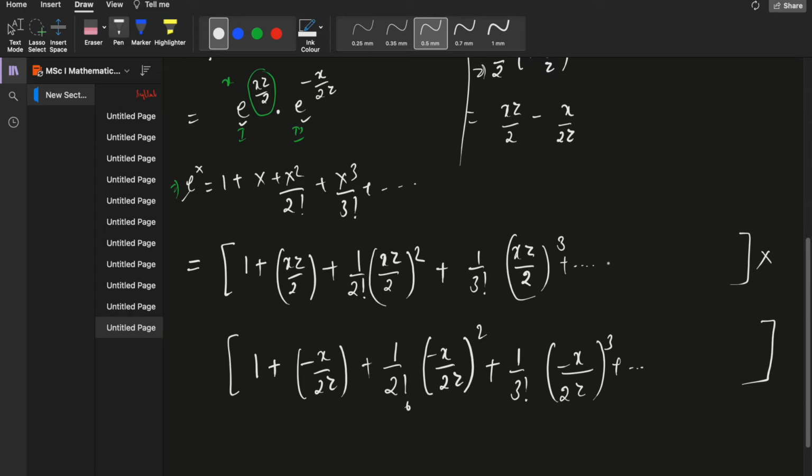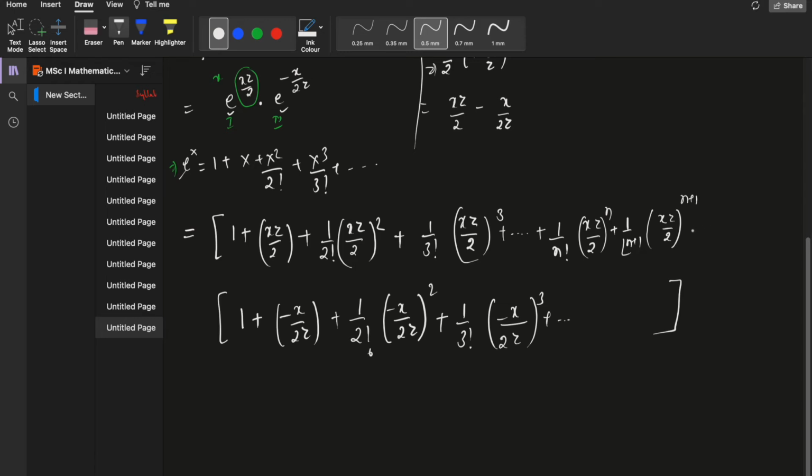The first term of z to the power n we will get if we expand this series: 1 upon n factorial (xz upon 2) to the power n, alright, plus the next term will be 1 upon factorial n plus 1 (xz upon 2) to the power n plus 1, plus so on.